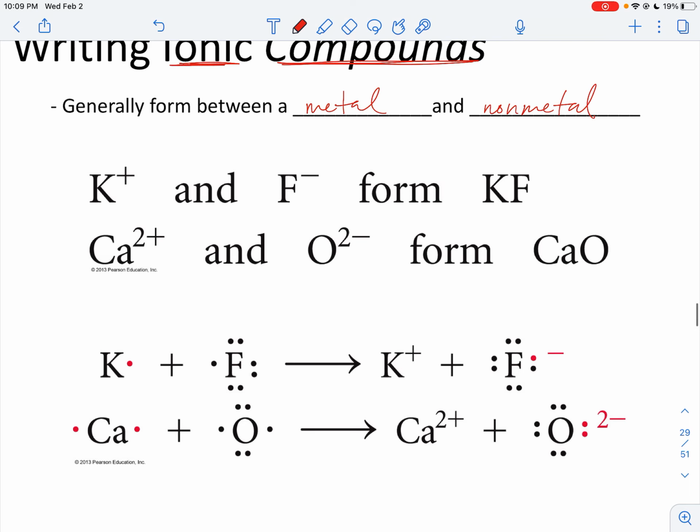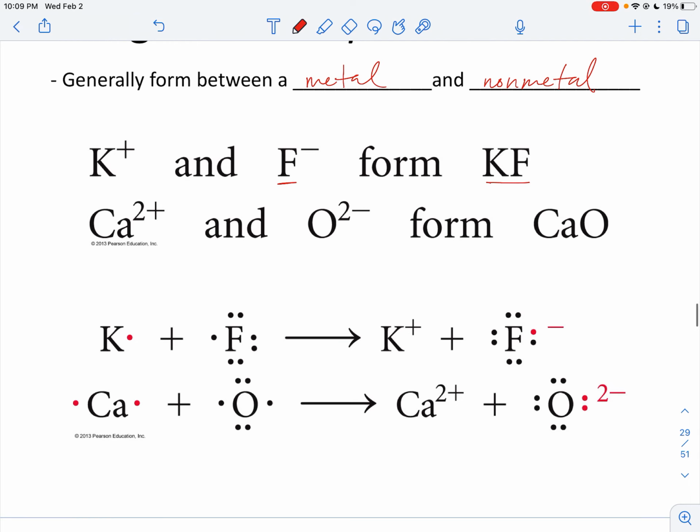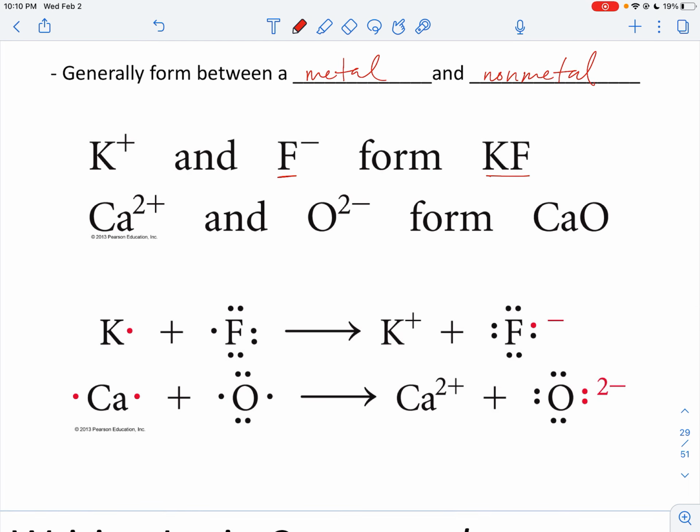All right, so for example, potassium, K, is a metal here, and fluorine is a nonmetal. And when we have them in their ion forms, we got K+ and F-. They join together to form KF, potassium fluoride. And then calcium would be our metal, oxygen would be our nonmetal. These two come together to form an ionic compound, calcium oxide.